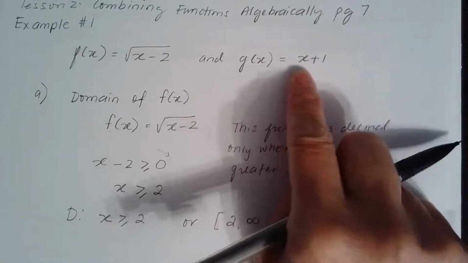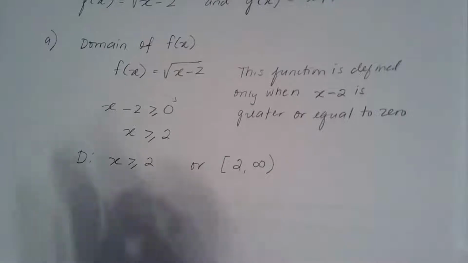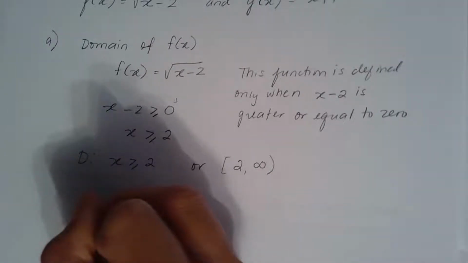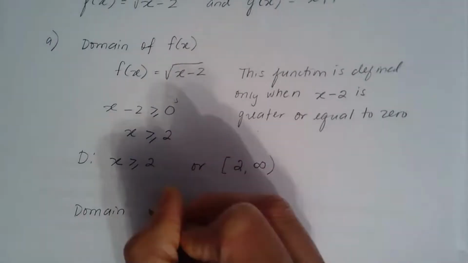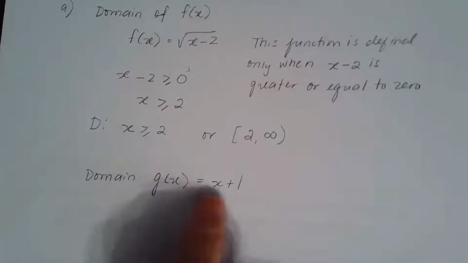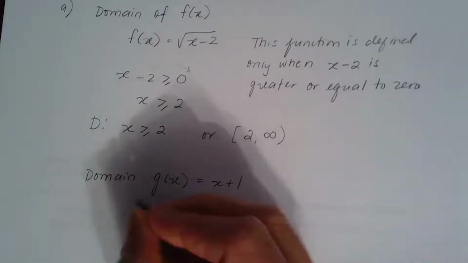Now g of x, the function g of x is x plus 1. So the domain of g. We know this already, this is a linear function, and because it's a linear function, the domain is all real numbers.